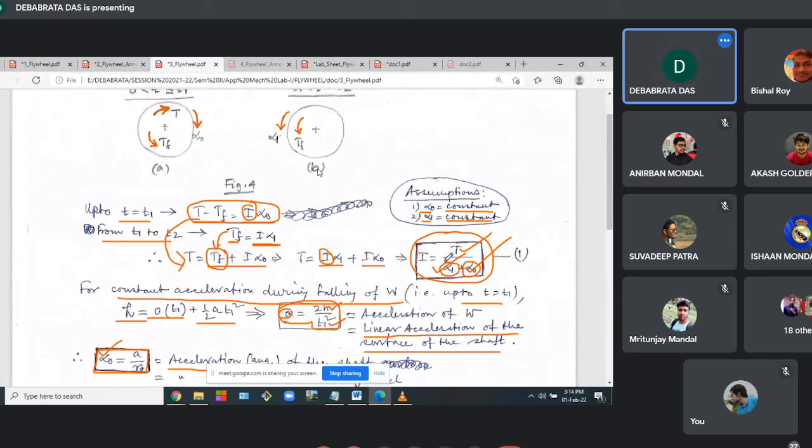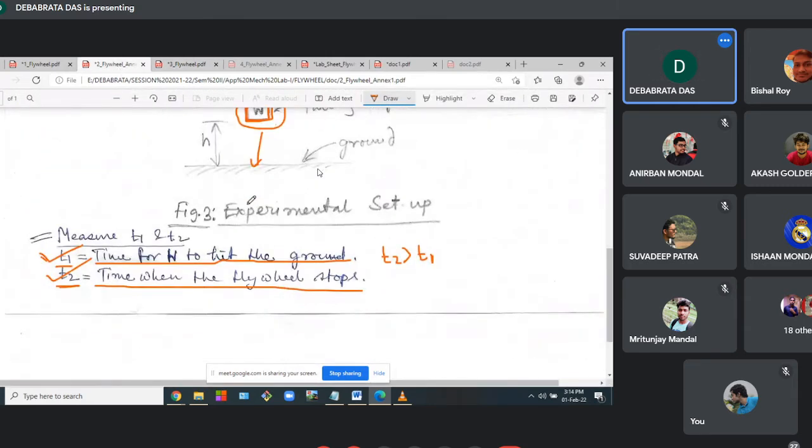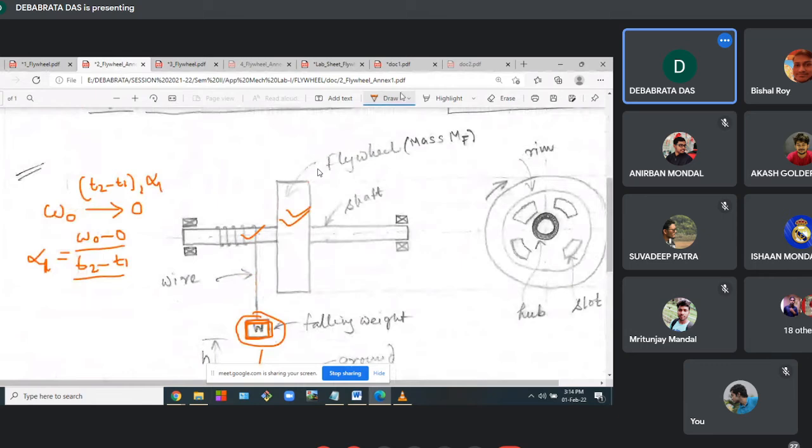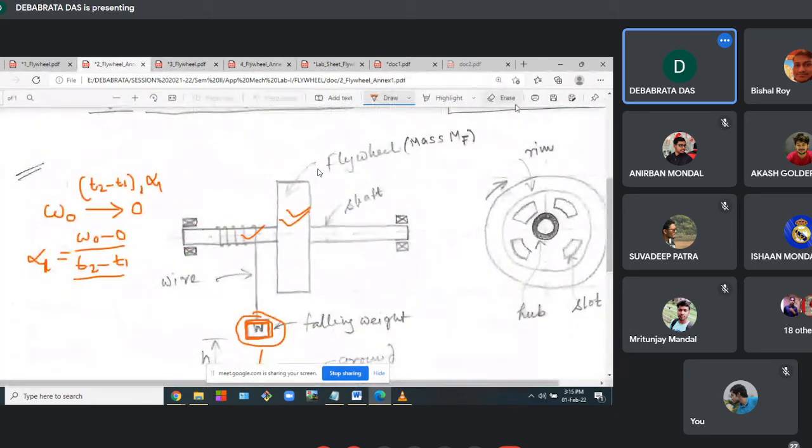Next we have to find out the torque. Let me erase this.